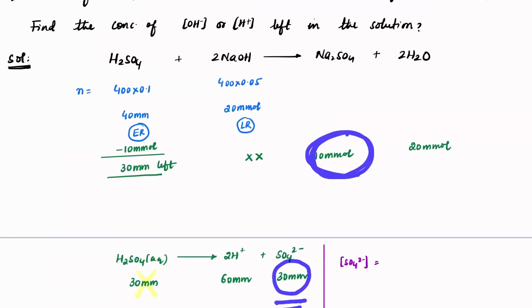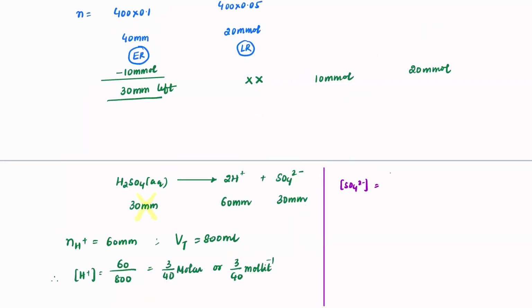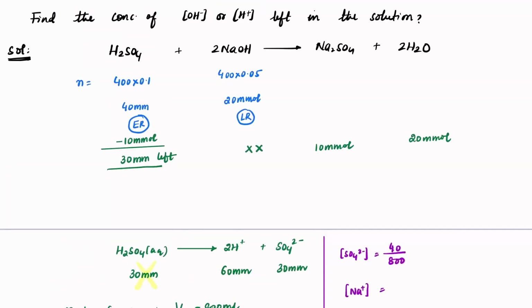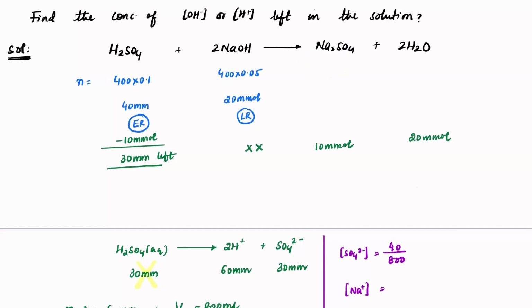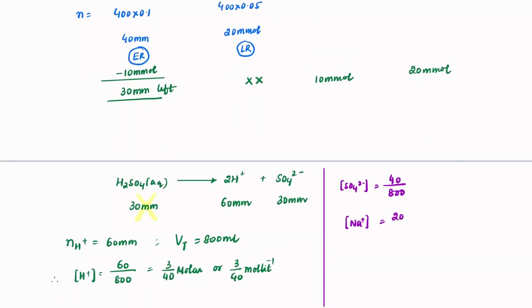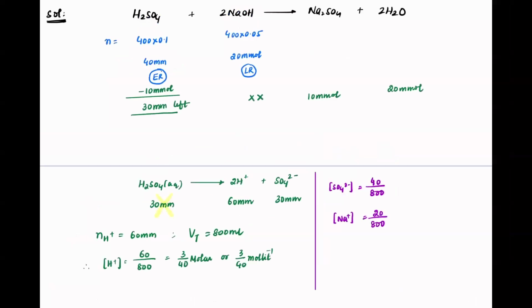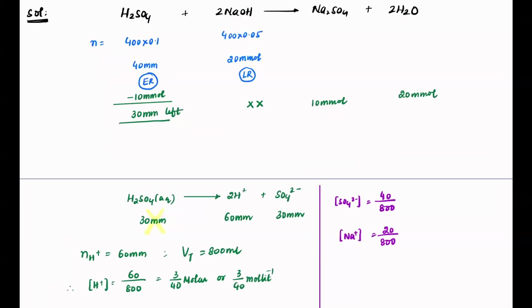So in total we have 40 millimoles, so that will be 40 millimoles divided by 800. Similarly, what if I ask for Na plus ions? Na plus is double of this one, which is 20 millimoles upon 800. So that's how you can figure out the rest of the ions required. Please check it out quickly.